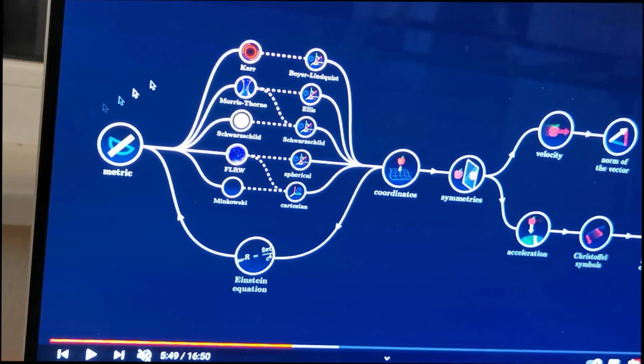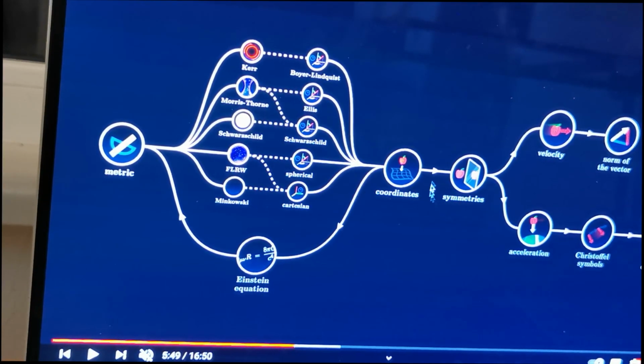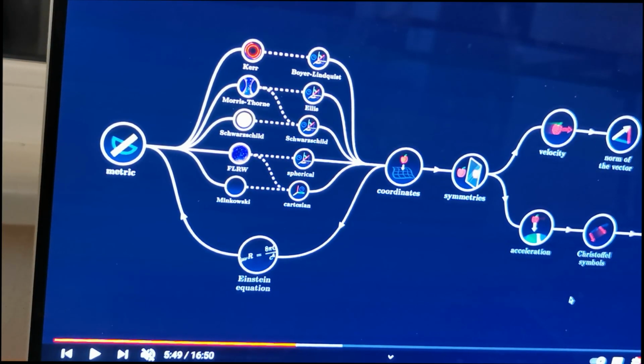After obtaining our metric and simplifying the overall solution due to the symmetries, we can have two basic cases where we are concerned with velocity or acceleration of the object in the system.